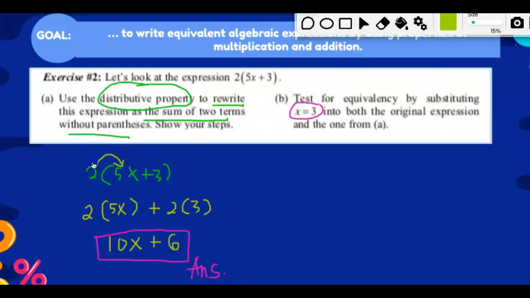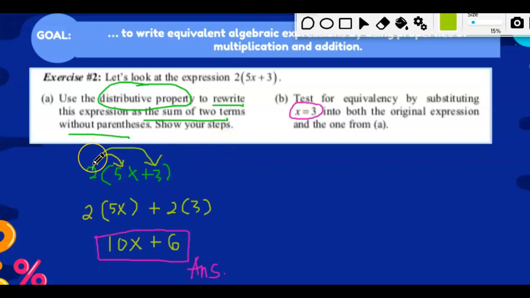Distribute, from the word distribute, means to give. To give it to every single member of the group. So in this case, the group is 5x plus 3 because they are in parentheses. Remember the parentheses? Other than working as multiplication, it also works as a group.